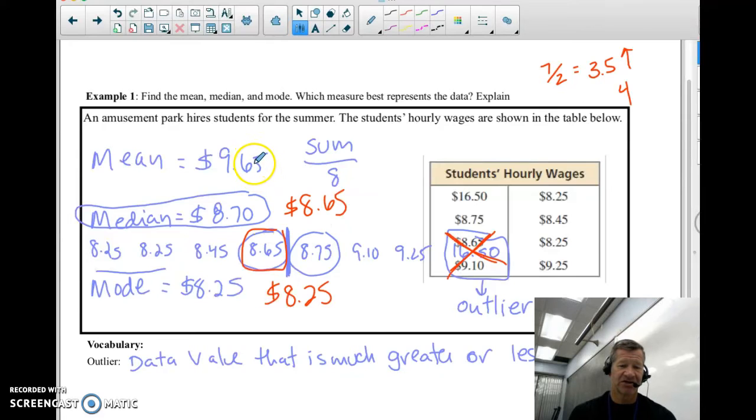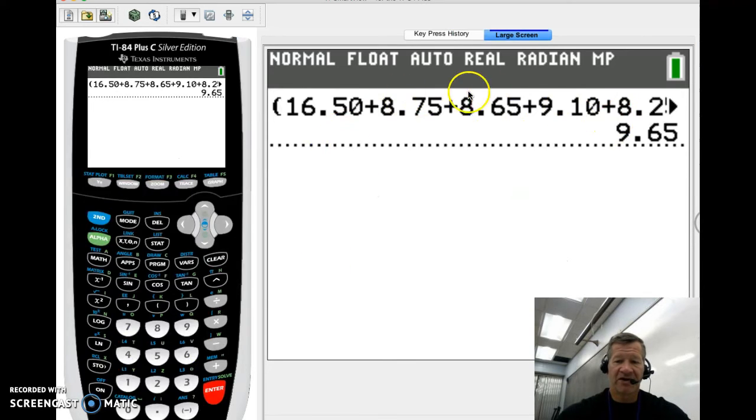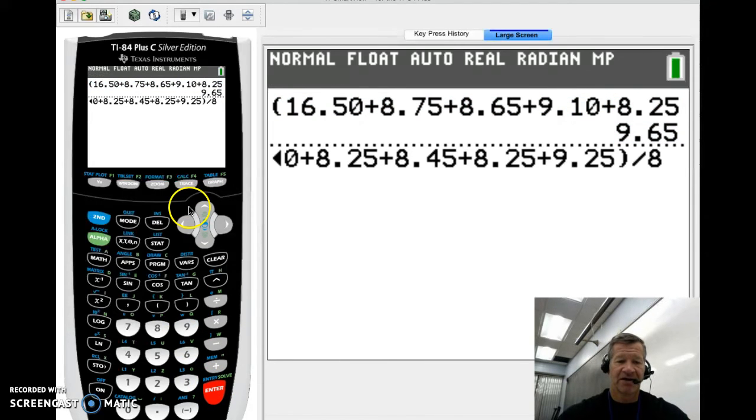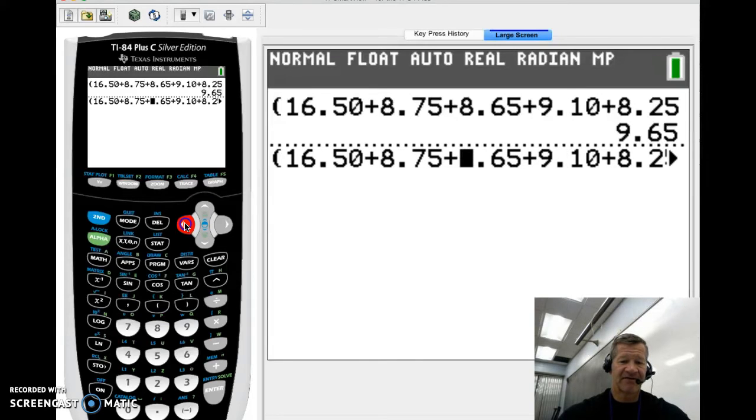Did the mean change? Well, if I go back to my calculator here and we look at this, I had added all these values. I'm going to go back up, and you can do the same thing with your calculator, and I'm going to hit enter, which will paste this in here. Now, I'm going to leave these values all the same except that first one. I'm going to delete that 16.50.